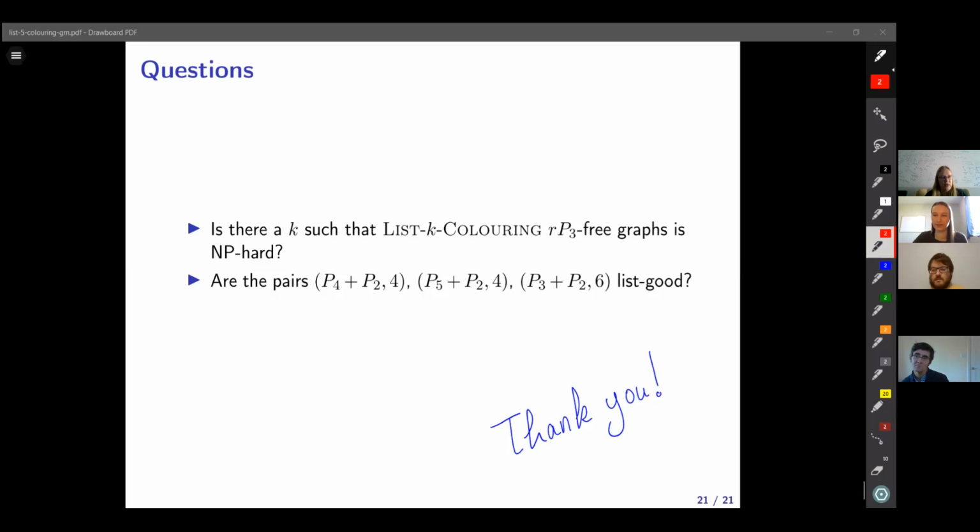So assuming strong exponential hypothesis, they don't have sub-exponential algorithms. So that's the hope. There's a bit of hope. And I mean, that's also quantitatively different from, as far as I know, every other NP hardness proof for this kind of problem.